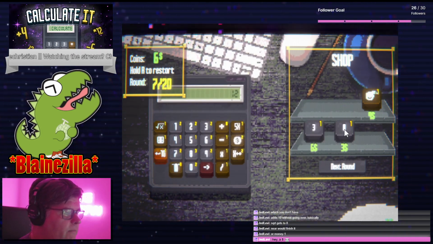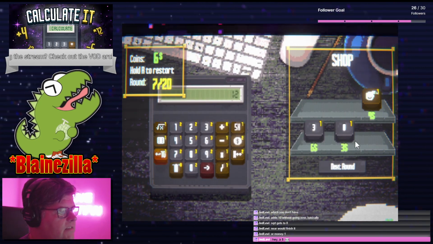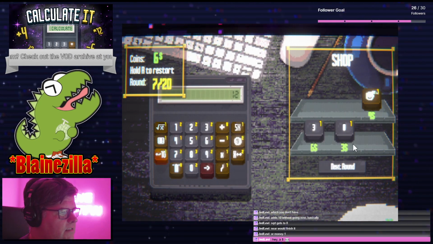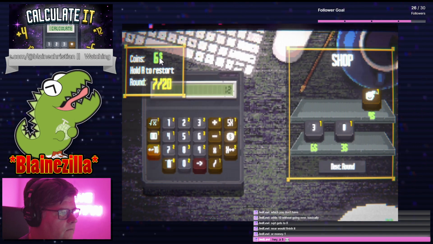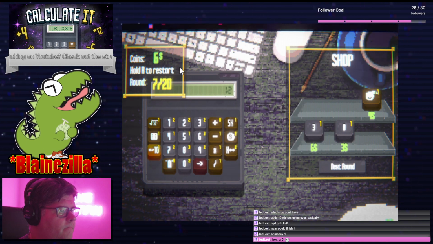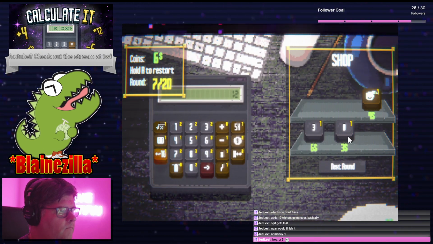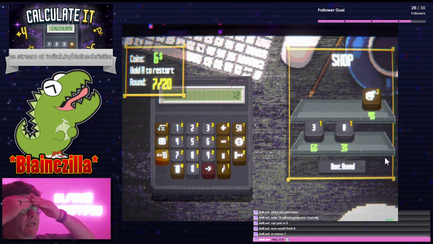I'd rather maybe have +3 than +6. So I might just buy the 0 for the hell of it. Because that'll take our dollar. 0 is of minimal utility in what we're doing, unless we're trying to get to 0.